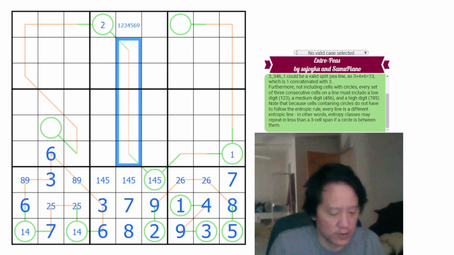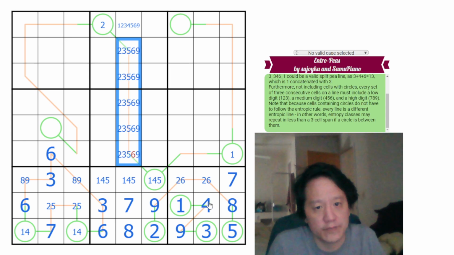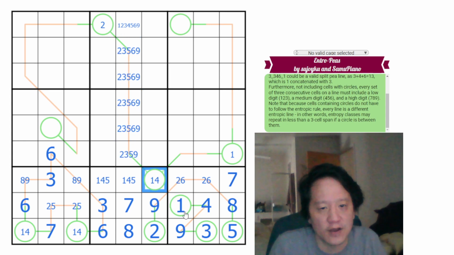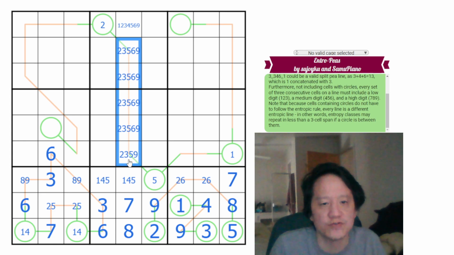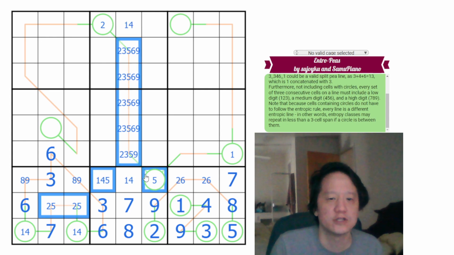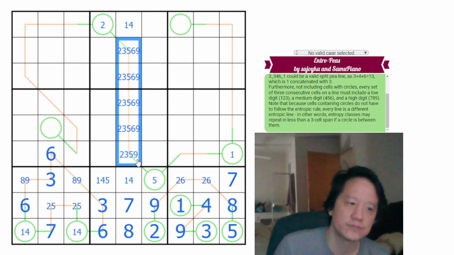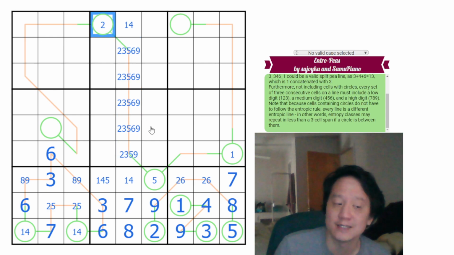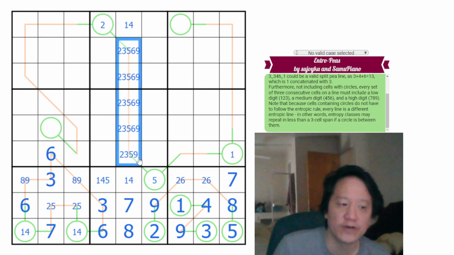So this would have to be 5. This is 2, right? So then this would be 1 of 4. So that's possible. 1, 3, 5, 6, 9 would add up to 24, but this would have to be 2, so it does not work. So 2, 3, 5, 6, 9 is the only one that works.